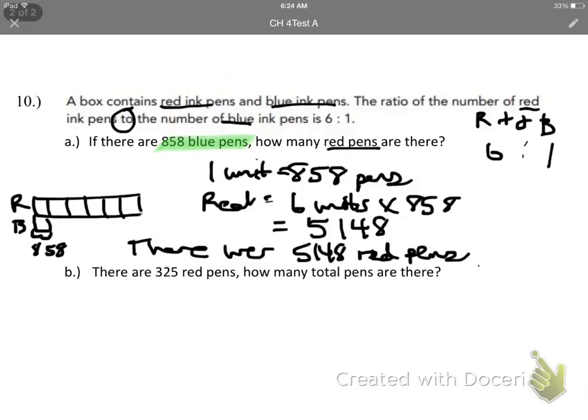Now the trick with the second one is to pay attention, and we're still using the same ratio. Red to blue, 6:1. I'm going to go ahead and draw the picture, but this time it gave me a different piece.